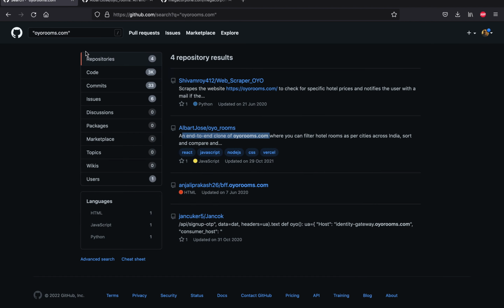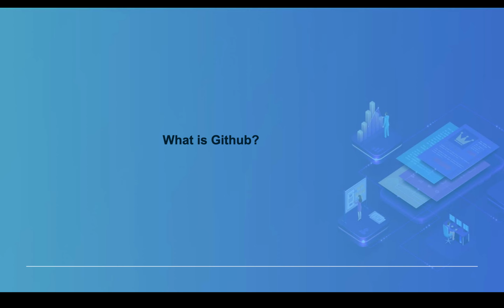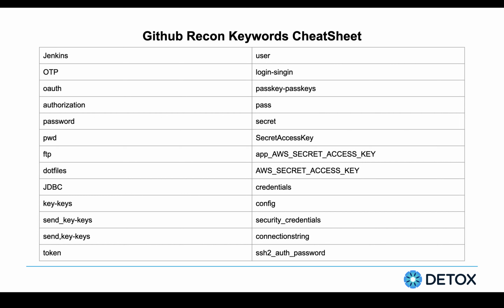Now there are certain specific keywords which are quite useful for us while performing GitHub reconnaissance or GitHub searches. These are words which we can search over GitHub while performing any sort of information searching or reconnaissance.